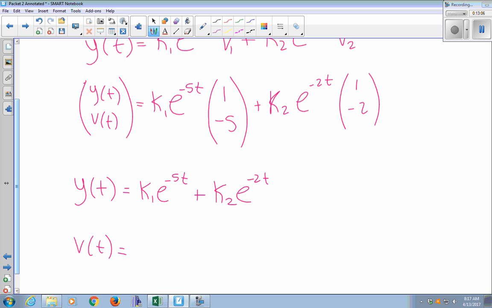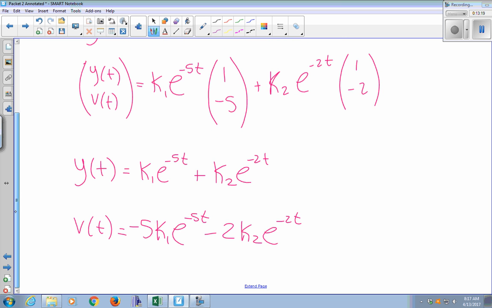And then my v is going to be negative 5 k1 e to the negative 5t minus 2 k2 e to the negative 2t. And that v is exactly the derivative of y.